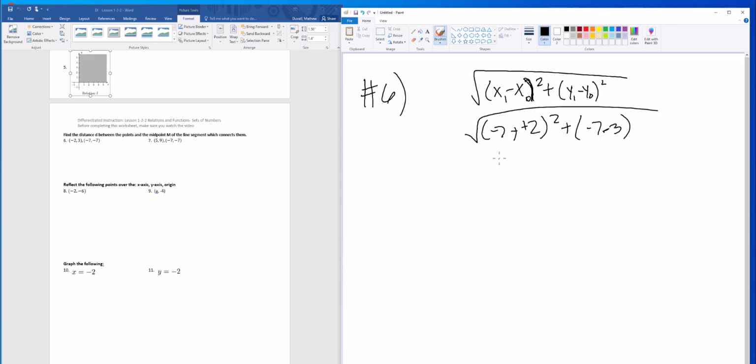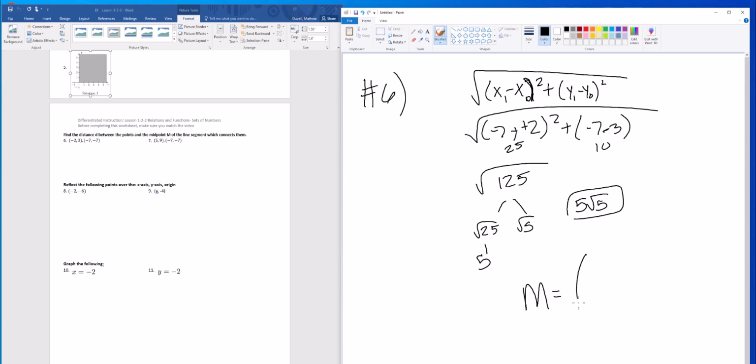So add, so you get -5, -5 squared is 25. You get 10, so you get the square root of 125. You can break that down, so you get 5 root 5. And then the midpoint, you add them together and divide by 2. So the midpoint, add them together, -9 over 2. 3 and -7 is -4. You can simplify that to -2.